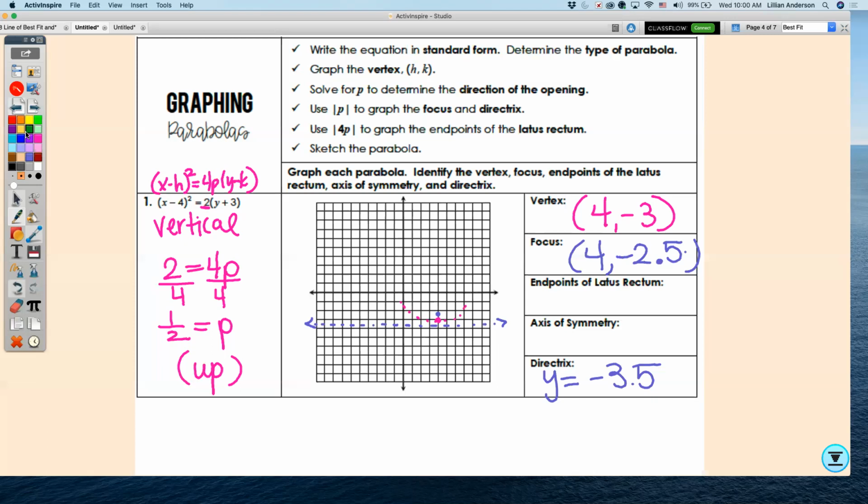So that means I should be 1 unit to the left and 1 unit to the right. And that's essentially how wide it's going to start to open. So these endpoints that are 1 unit to the left and 1 unit to the right of my focus are the endpoints of my latus rectum.